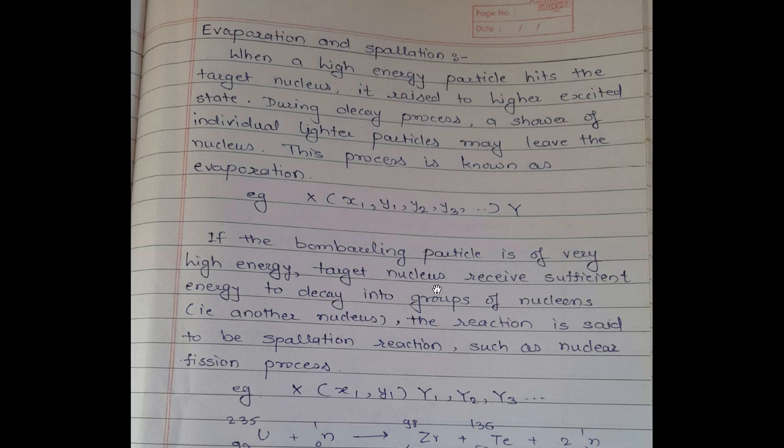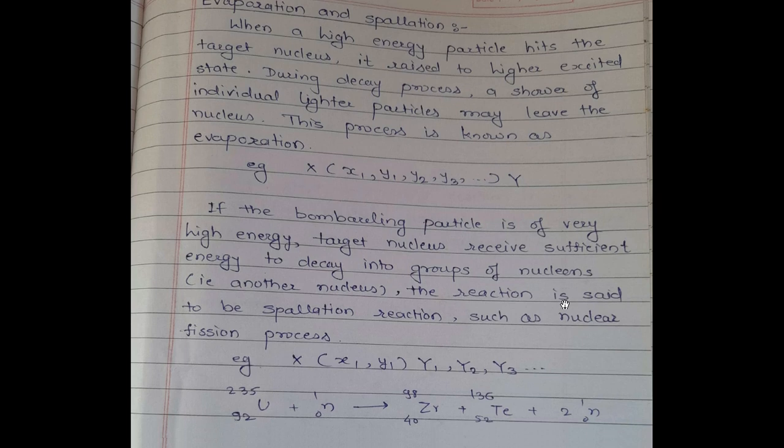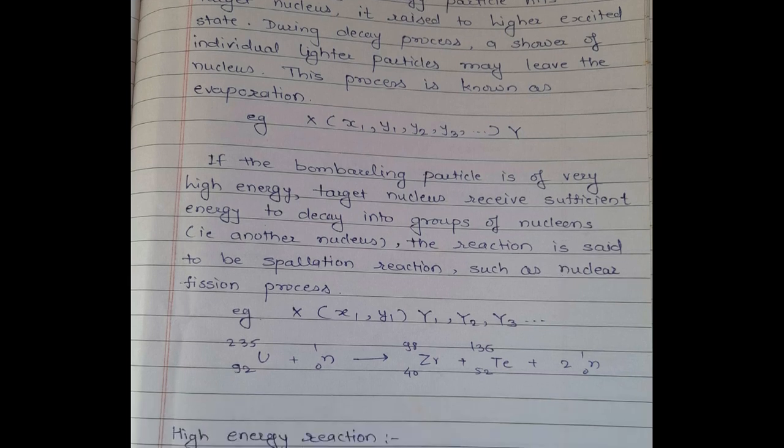Whereas in the spallation process, what is happening? In the spallation process, x1 has sufficiently higher energy, so that after receiving it, the target nucleus X is able to decay into groups of nucleons. Means another nucleus? It will form another nucleus, a single nucleus? No. It will form a group of nucleons.